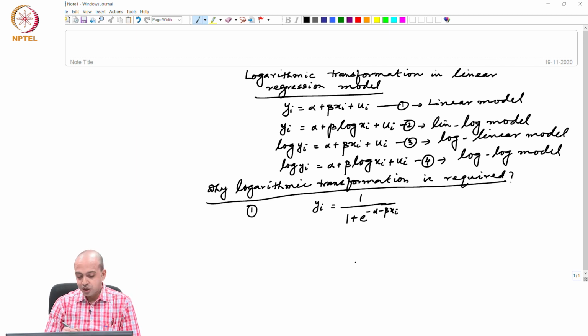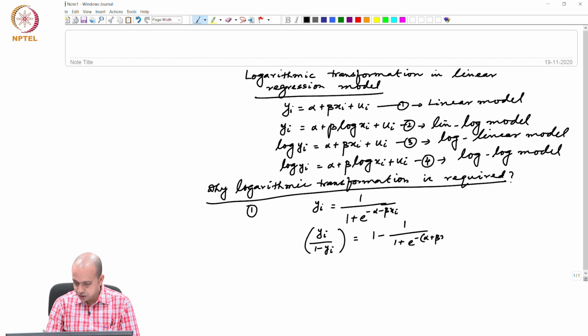How to do it? Let us say we do this: yi divided by 1 minus yi equals 1 by 1 plus e to the power minus alpha plus beta xi.